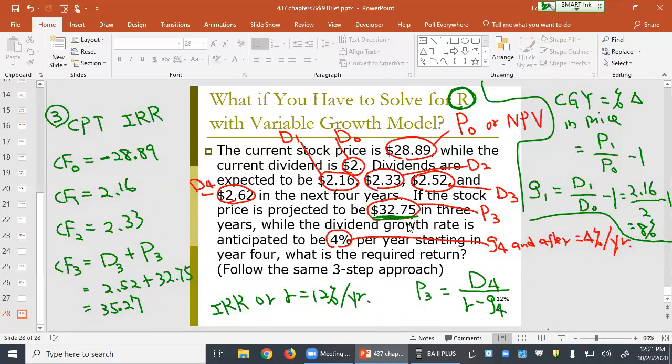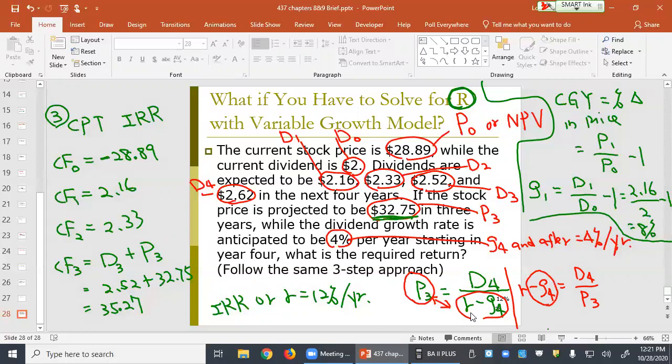So I can rearrange this equation to solve for the R, right? How do I rearrange it? Step 1, I swap my price from the left-hand side with my denominator. So I'll now have R minus G4 equals D4 divided by P3. Now to solve for the R, I want to get rid of the negative G4 and move it to the other side.